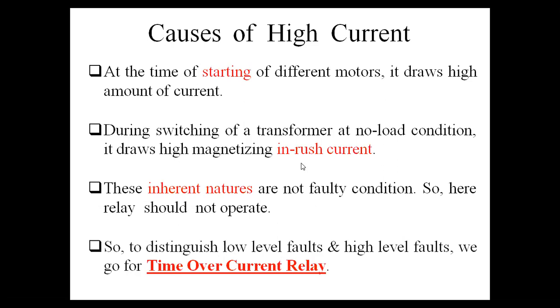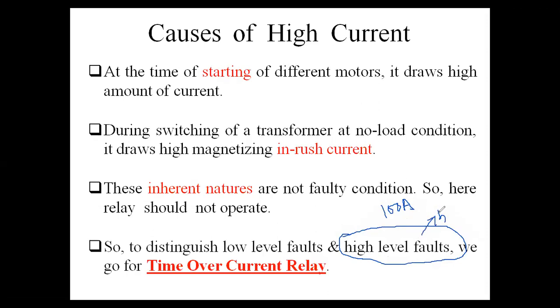It should not happen. Therefore, we design the instantaneous relay so that its pickup level is around 100 or 200 ampere. For high level faults like lightning, only in this condition will this instantaneous relay operate.